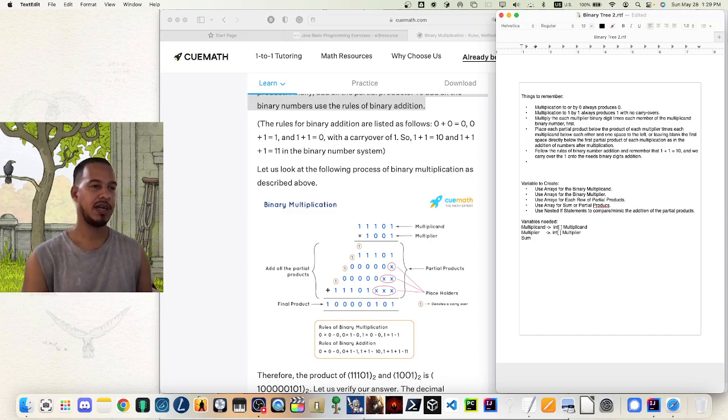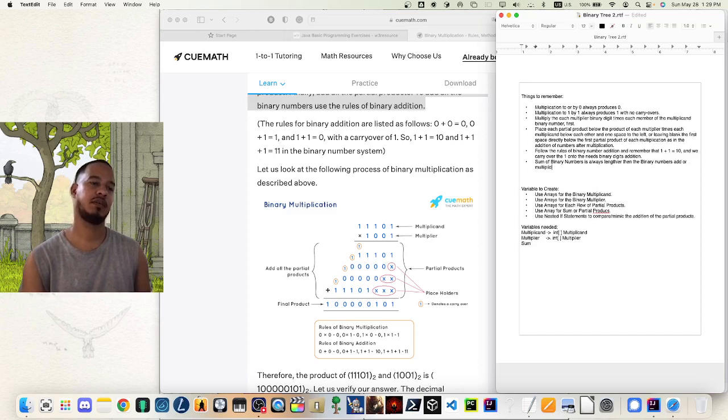Oh, the sum of binary numbers is always lengthier than the binary numbers added or multiplied.